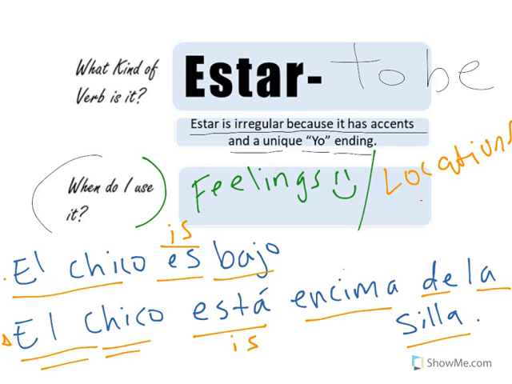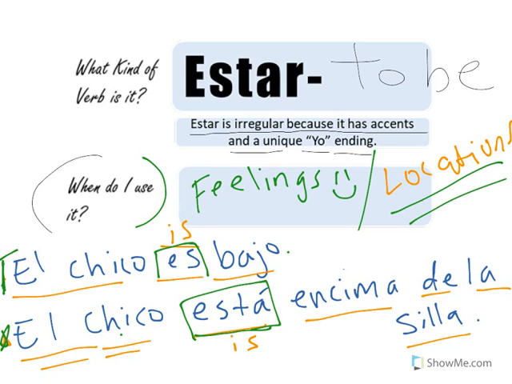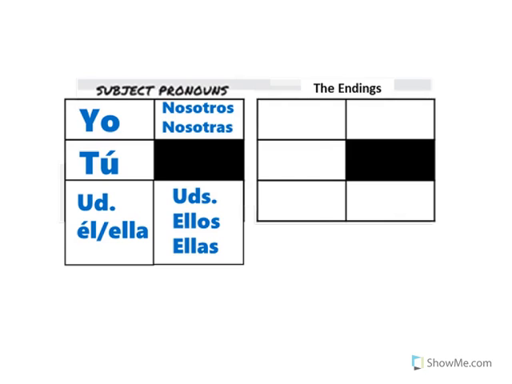So, if this meant is and that meant is, then the difference is that in sentence 1 we were describing: the boy is short. Our second sentence, el chico está encima de la silla, gave us a location. The boy is on top of the chair. So we use está. The more we do this, the more this will make sense.